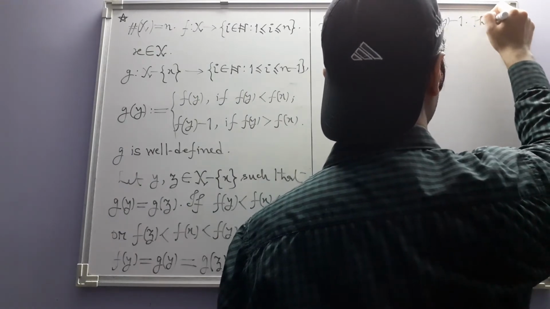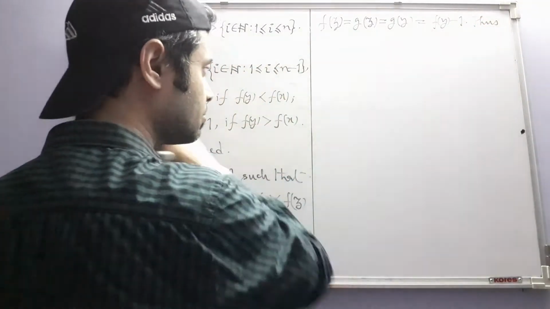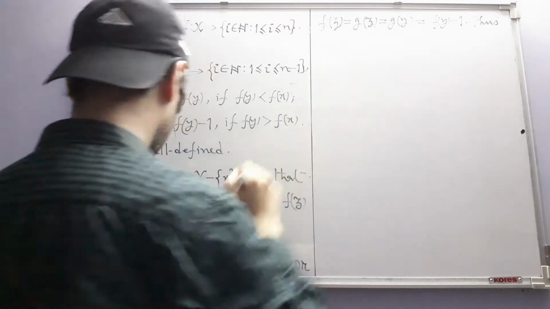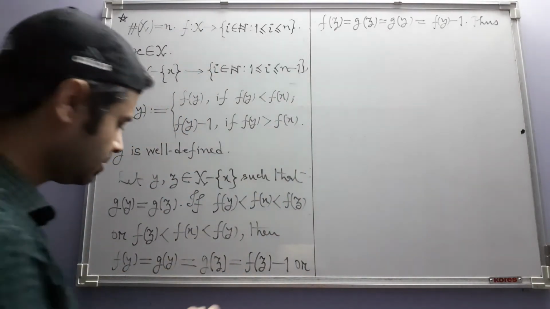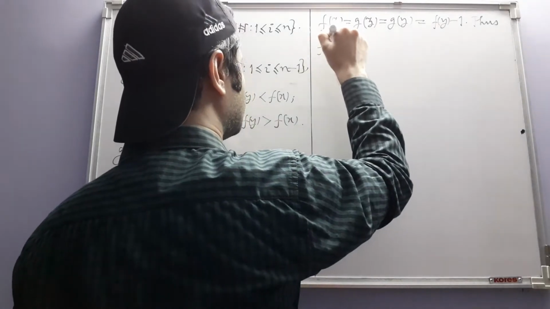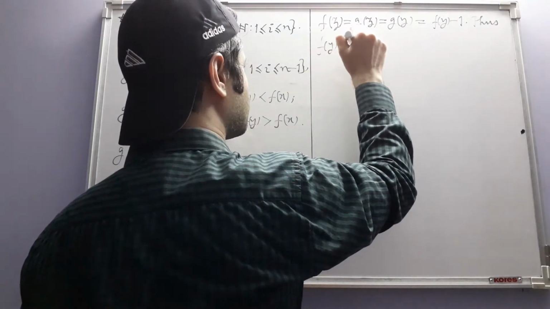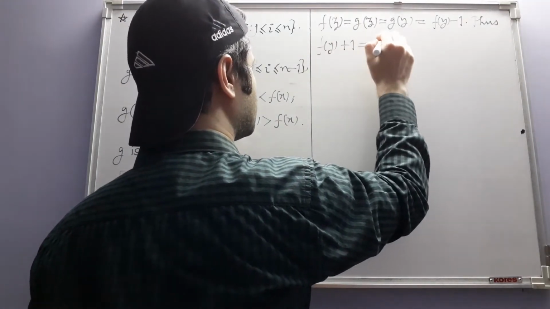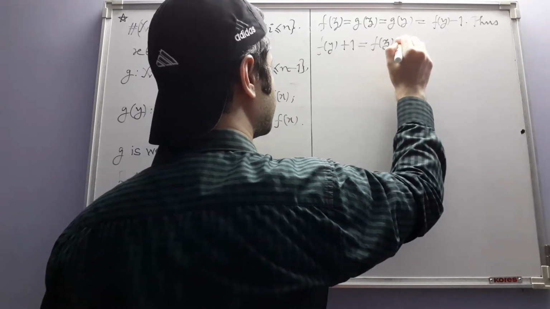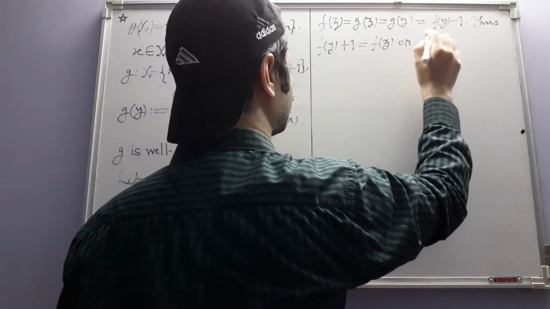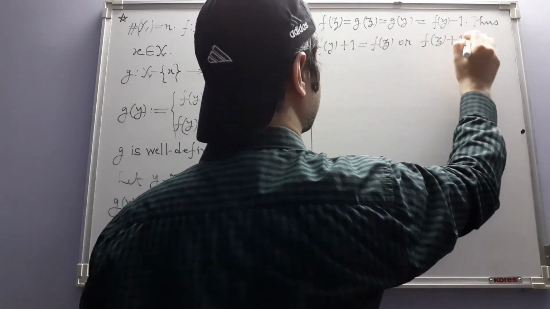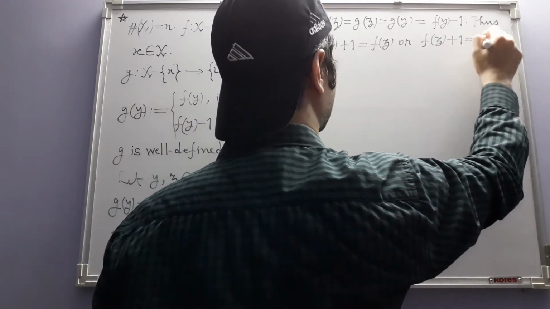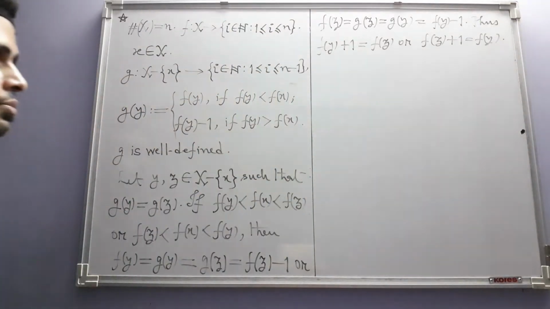Thus, from the first set of equations, what do we get? f of y plus 1 is equal to f of z, or from the second set of equations we get f of z plus 1 is equal to f of y.